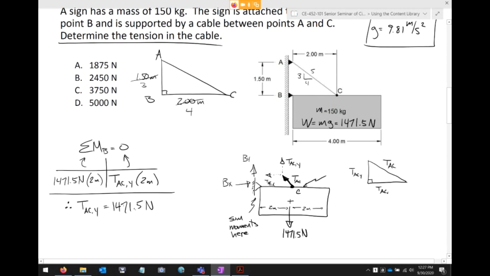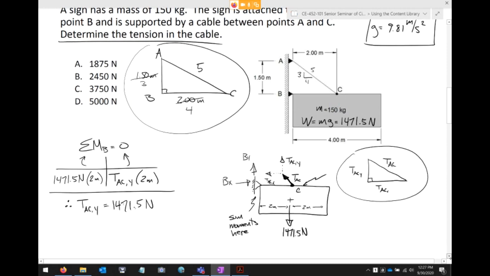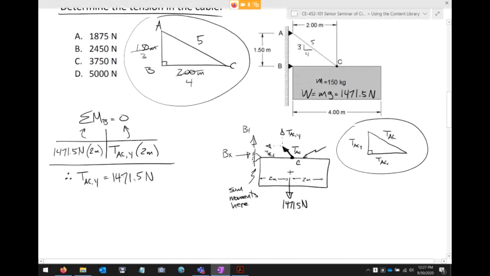Well, how do I determine the answer? Well, I look at this, and I look at this. And remember, that's a 3, 4, 5. So I say to myself, TAC Y is to 3, as whatever the tension in the cable is to 5.